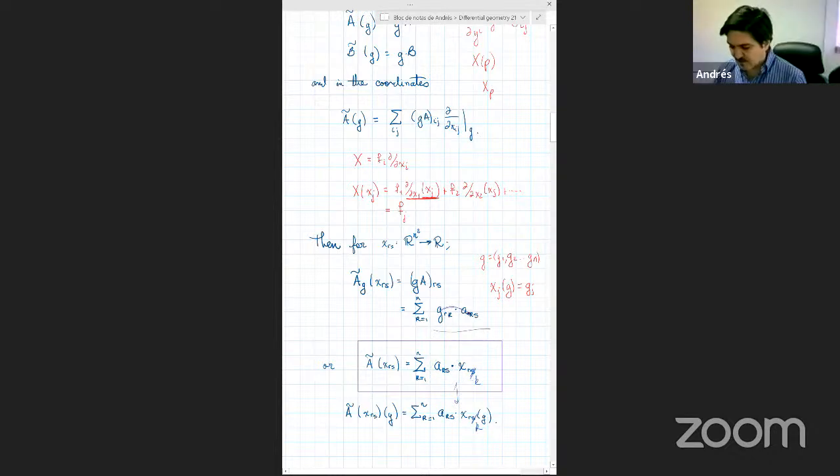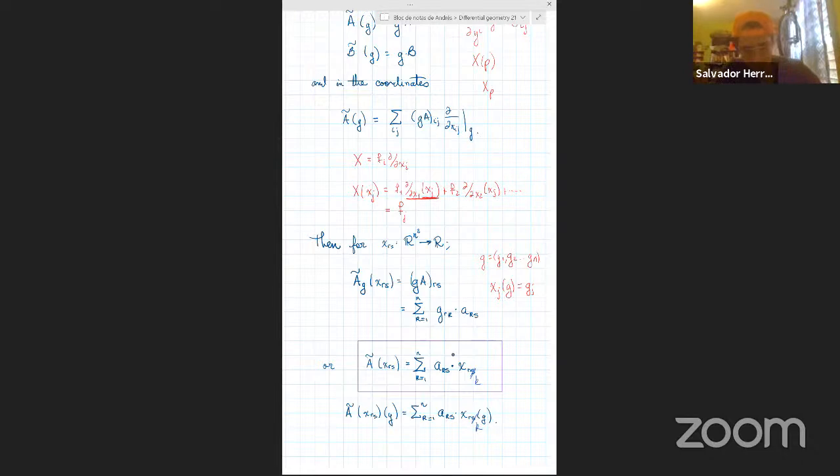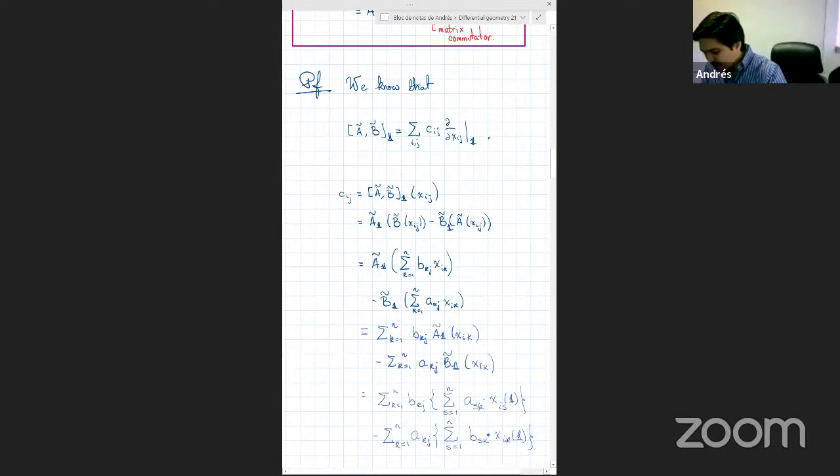Here you can commute, but here you cannot commute. You have to be careful. The only reason it is this expression instead of this one is to have a constant times a function. Okay, thank you.